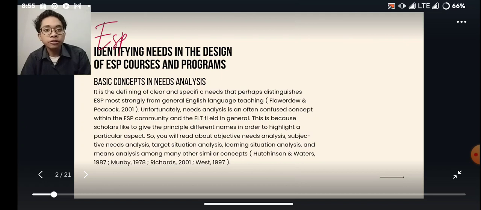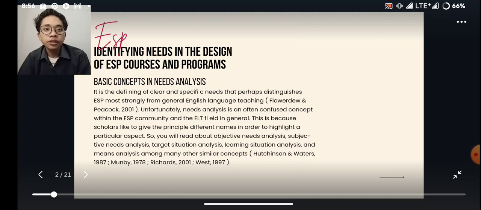This is because scholars like to give the principle different names in order to highlight a particular aspect. So you will read about objective needs analysis, subjective needs analysis, target situation analysis, learning situation analysis, and means analysis, among many other similar concepts.